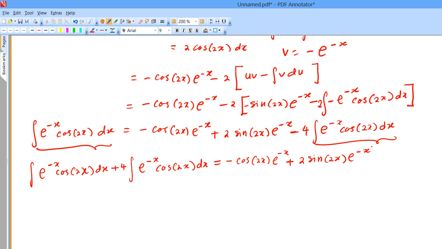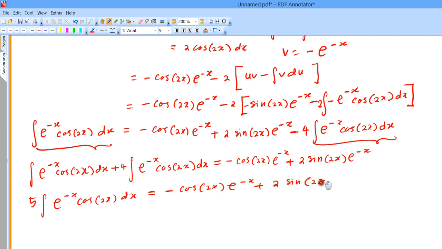Okay, and then on the left hand side 1 plus 4 equals 5 integrate e to the power of negative x cos 2x dx equals the right hand side, negative cos 2x e to the power of negative x plus 2 sin 2x e to the power of negative x.